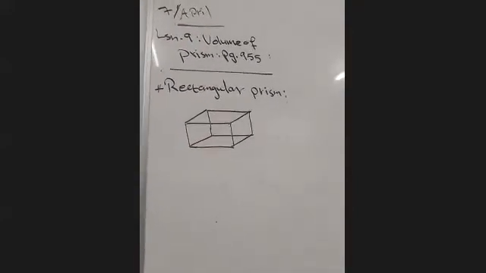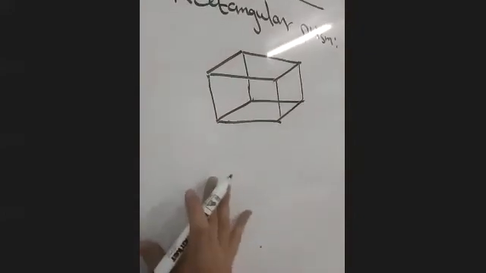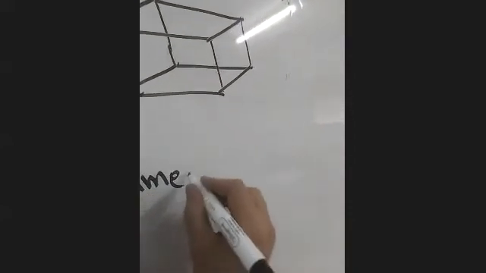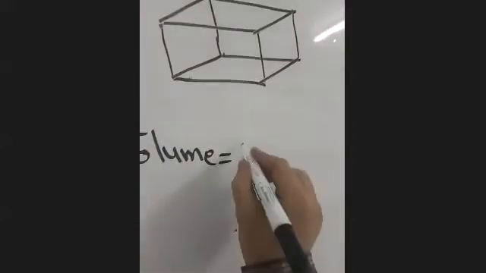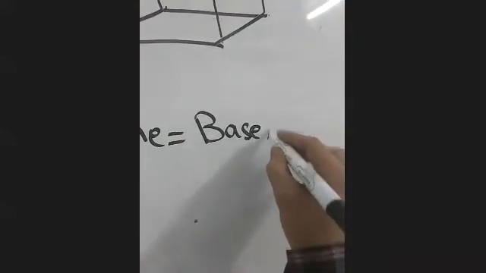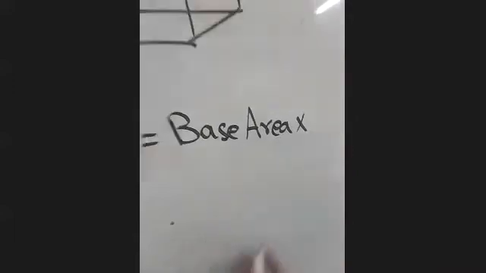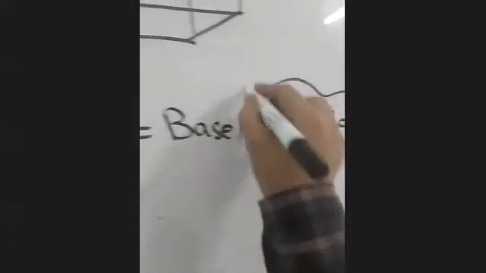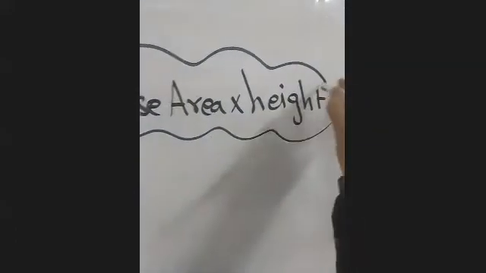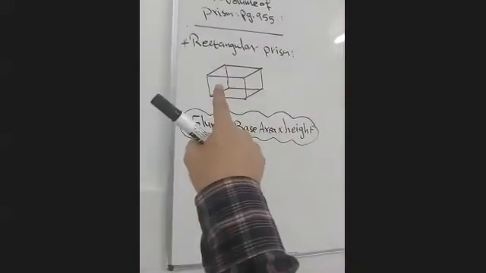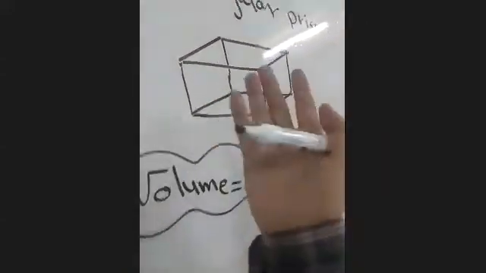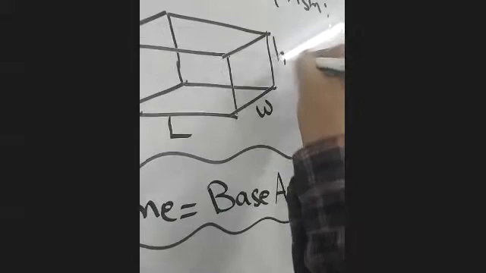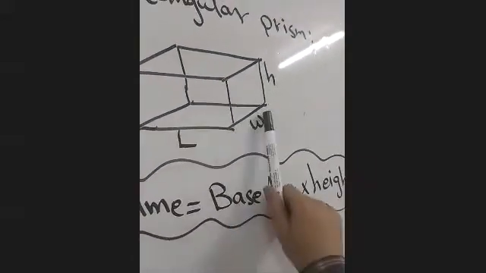Now, to find the volume of the rectangular prism, focus with me here, guys. The volume equals the base area multiplied by the height of the prism. The base is a rectangle, and the rectangular prism has length, width, and height.